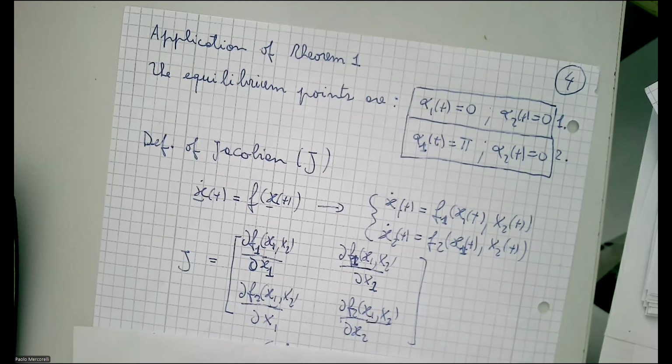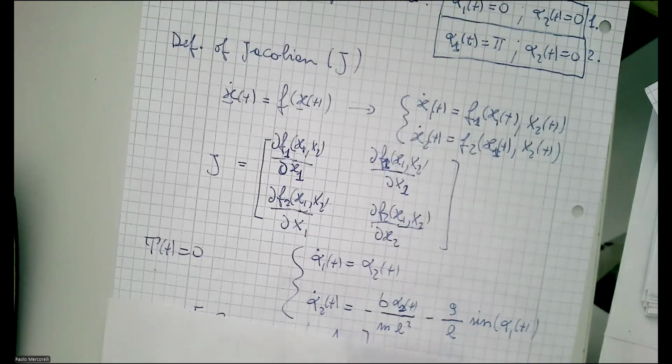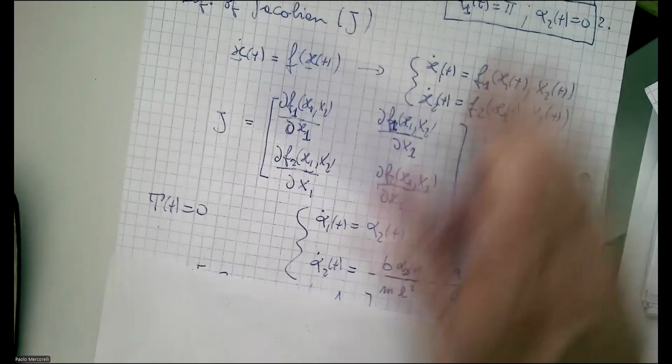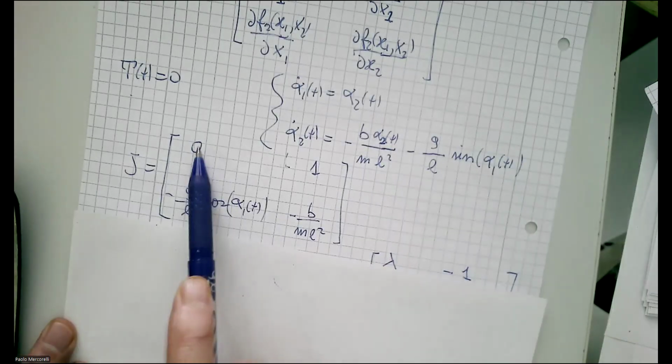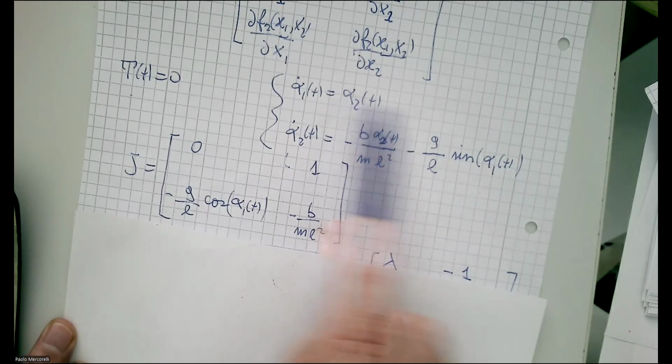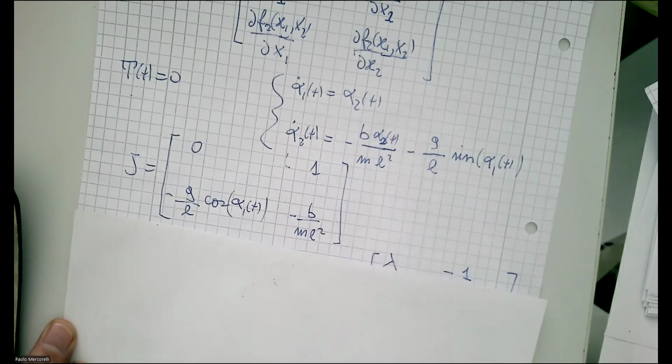Let me apply it to our system. Our system is this one, u equals 0. Why is this the Jacobian of this system? Why is it 0 here? Because it's f1, this expression, derivative with respect to alpha 1. Again, here it is not the derivative with respect to the time.